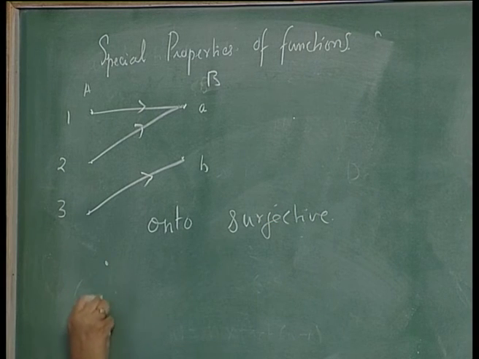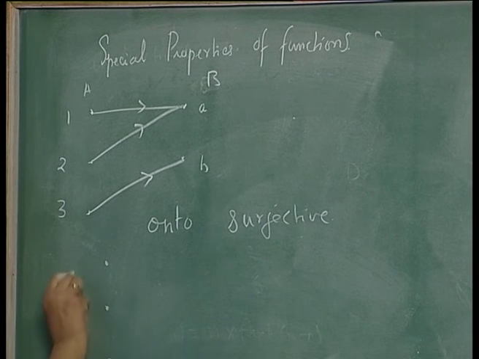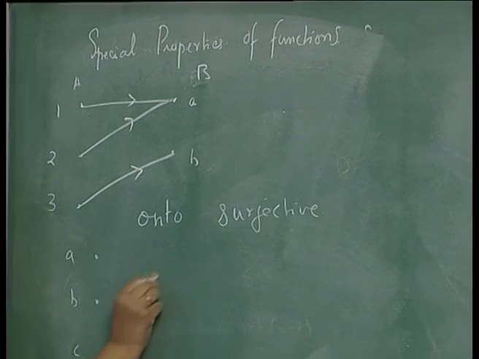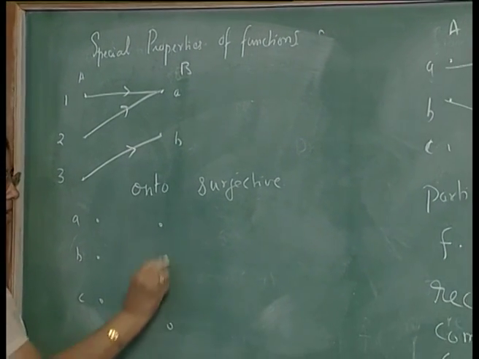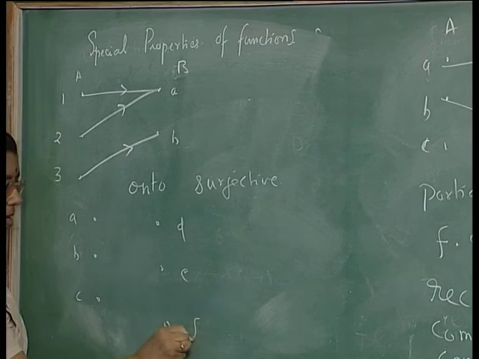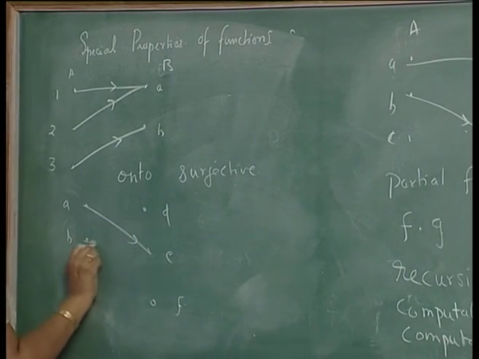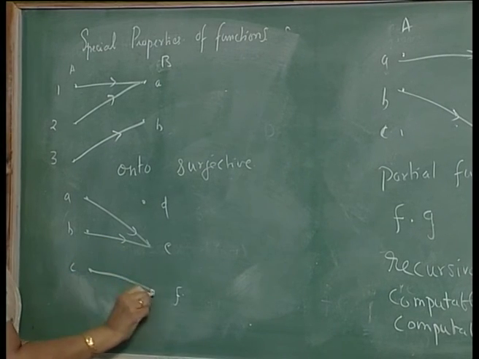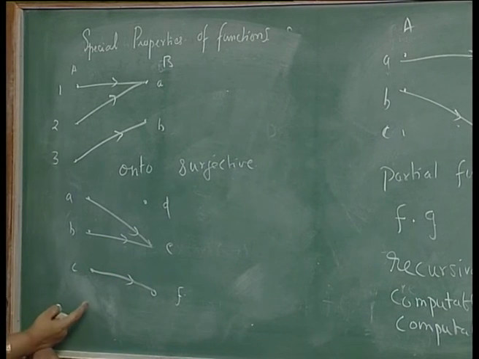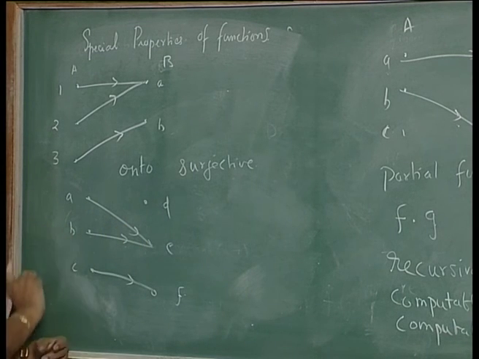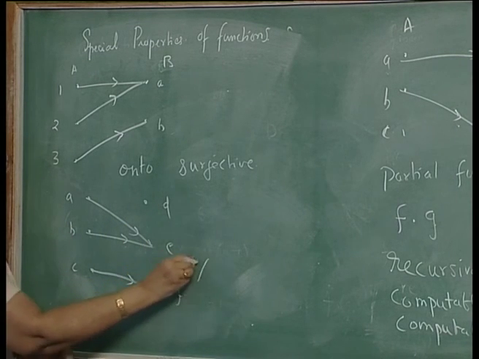Look at this function, say from a, b, c to d, e, f. A is mapped onto E, B is mapped onto E, C is mapped onto F. This is a function no doubt, but D is not the image of any element here. This is not a surjective function.